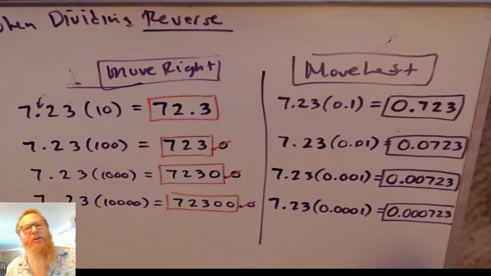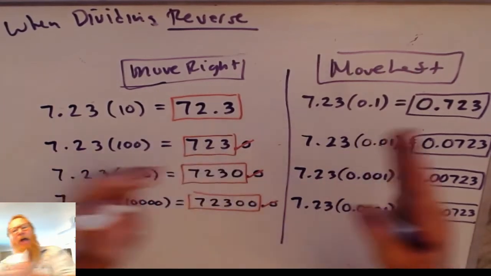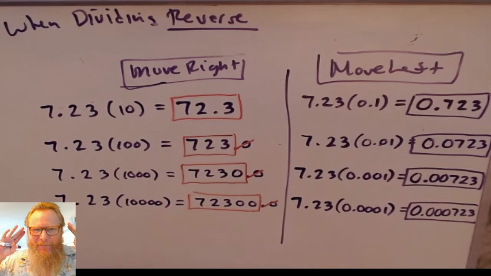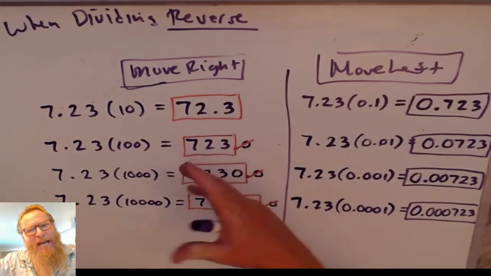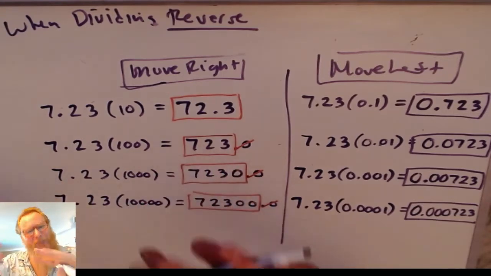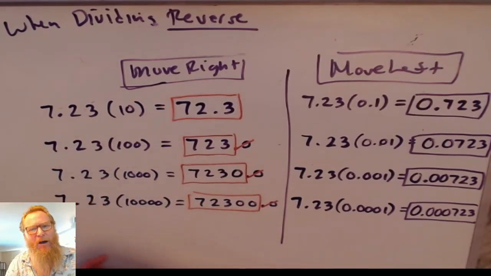So reverse the direction now. If I am dividing by 10, I would move left. The idea is more of understanding the concept of powers of 10 and multiplying and dividing being reciprocals of each other. And so the reciprocal changes the direction in which the decimal is going.